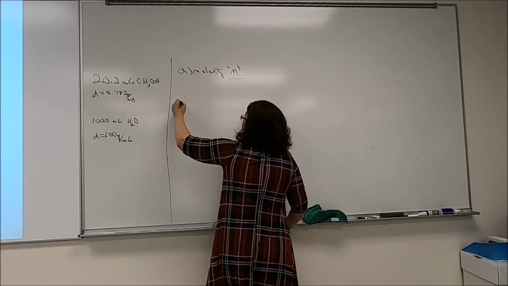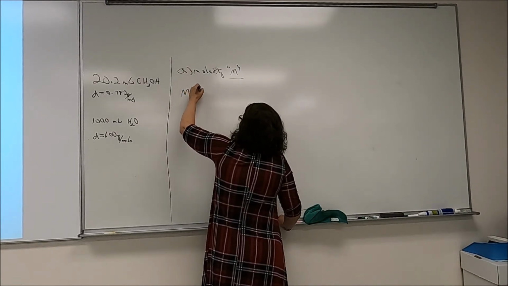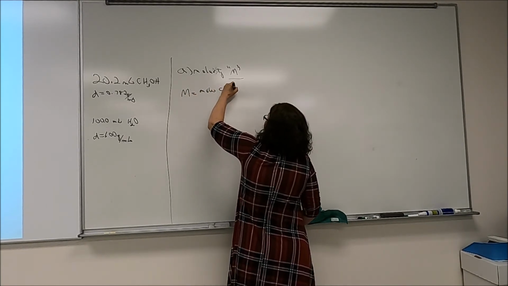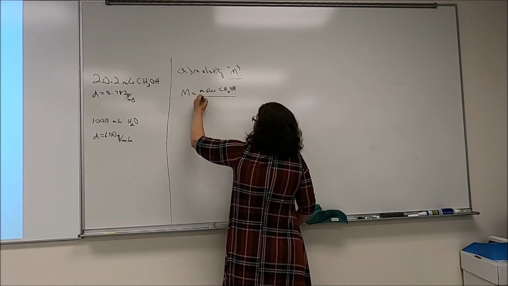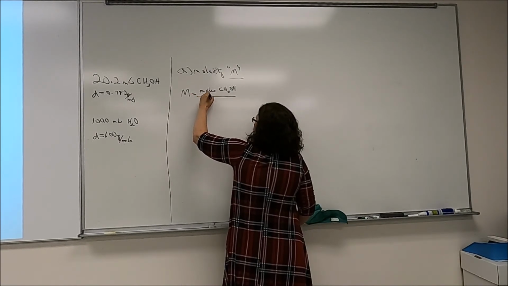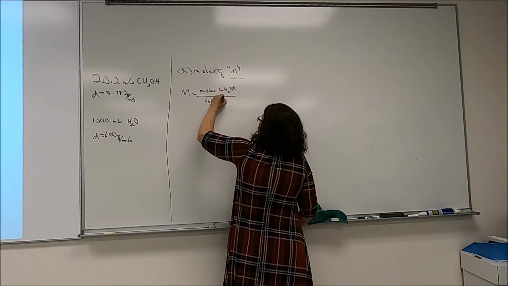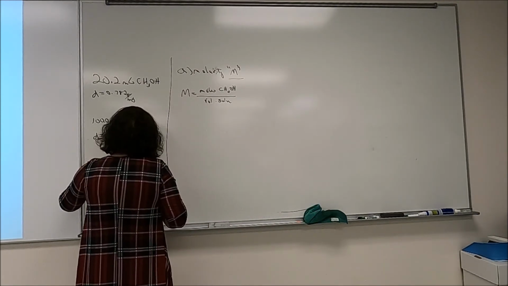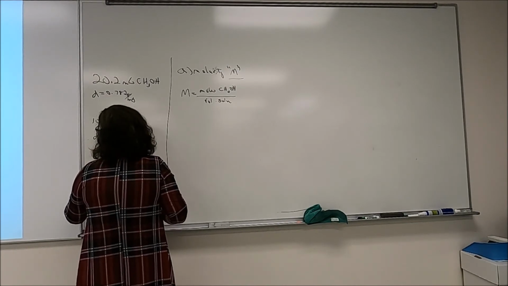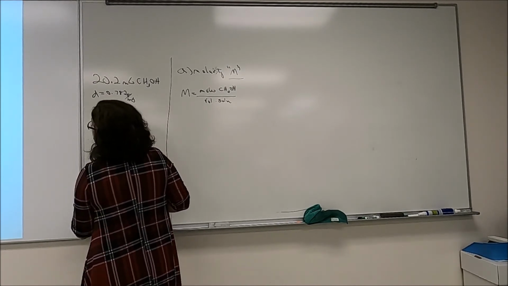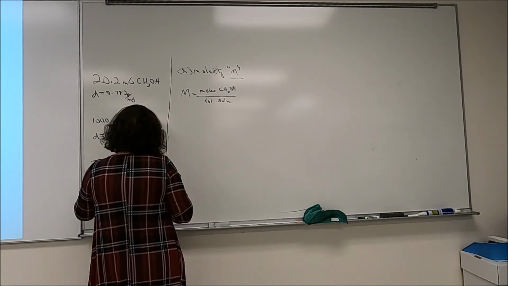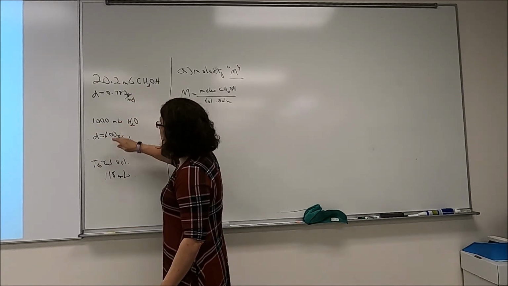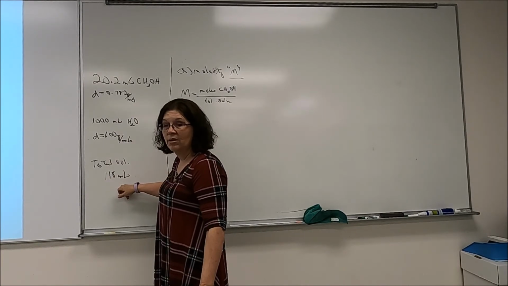Big M. So molarity is going to equal moles of CH3OH, that's our solute, over volume of solution. Now, we were also told that the total volume was 118 milliliters. Now, notice that we mixed 20.2 milliliters with 100 milliliters and we got 118.